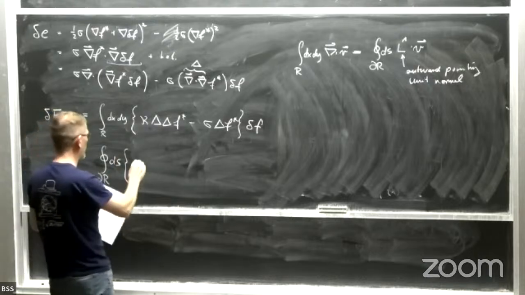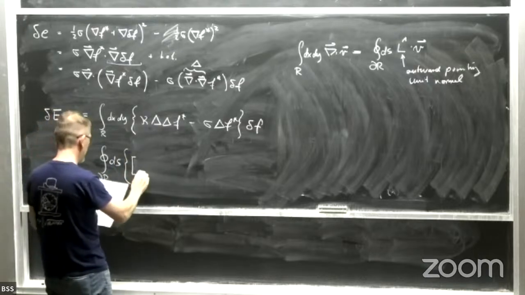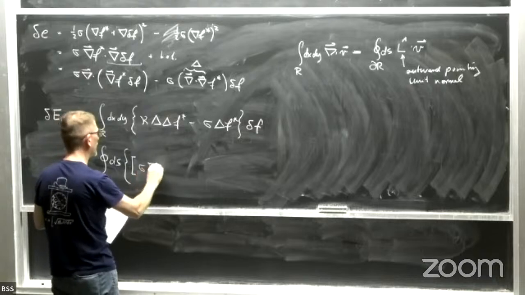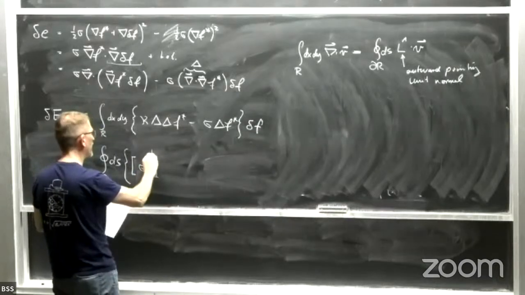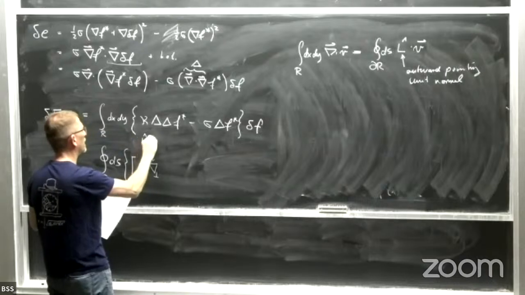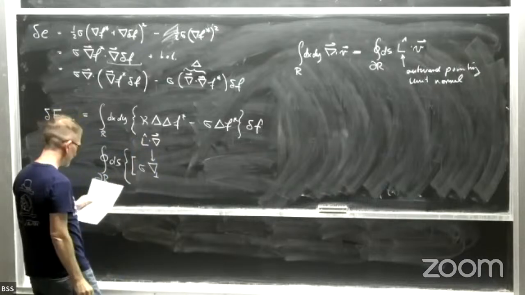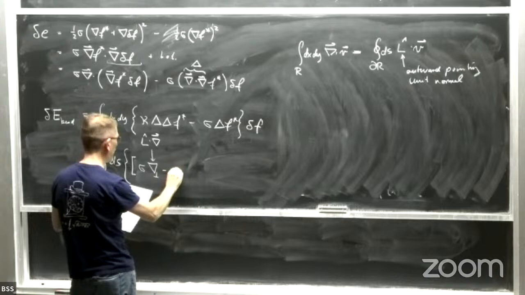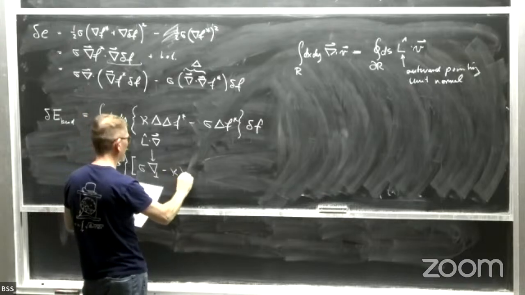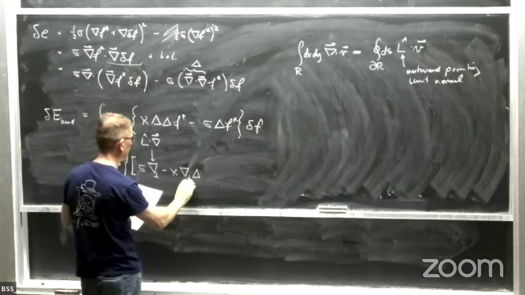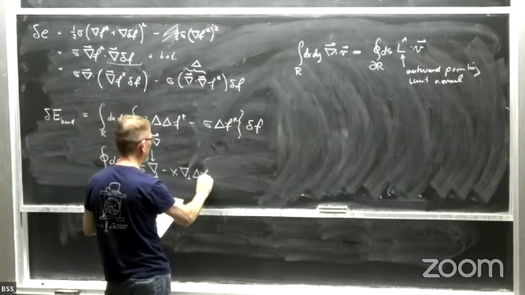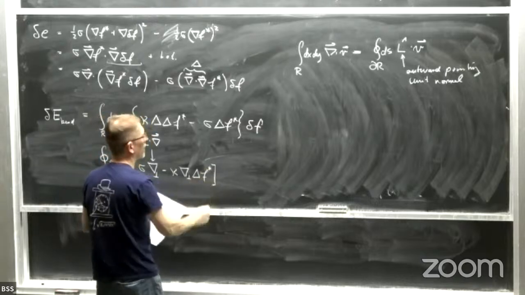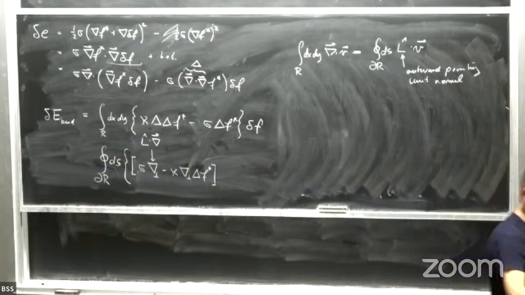At first sight, it's going to look nasty. So it's sigma grad perp, which is that L dot grad, minus kappa grad perp Laplacian f star, and all of this multiplied by delta f.